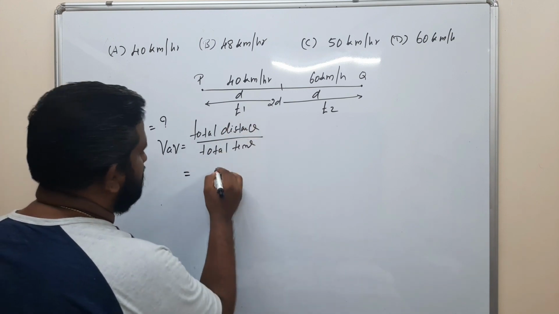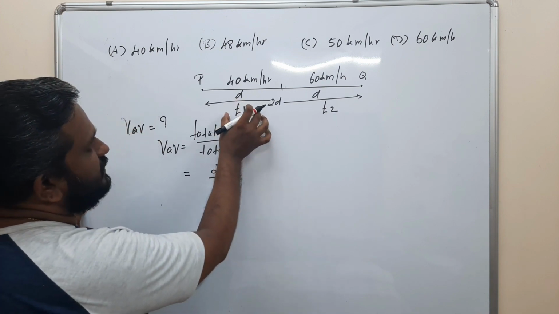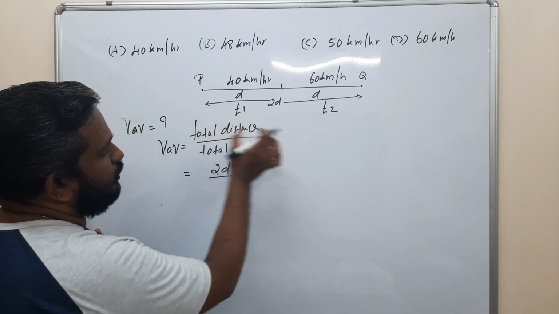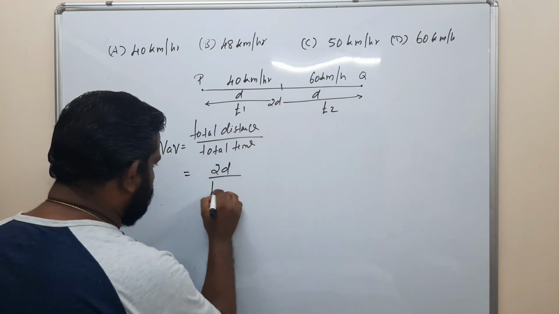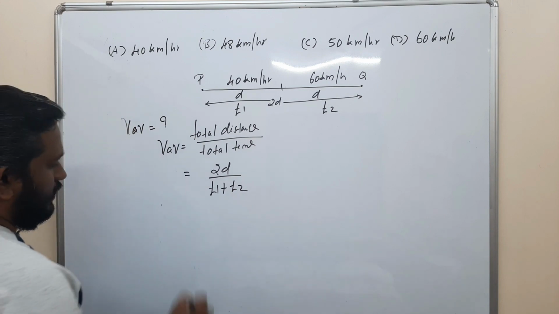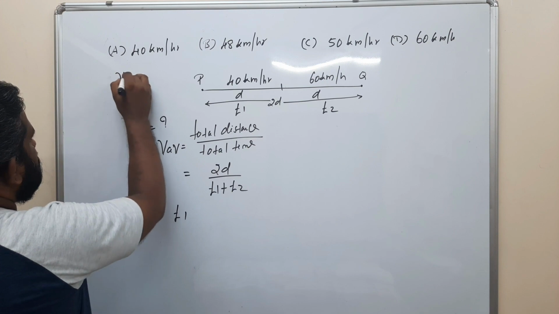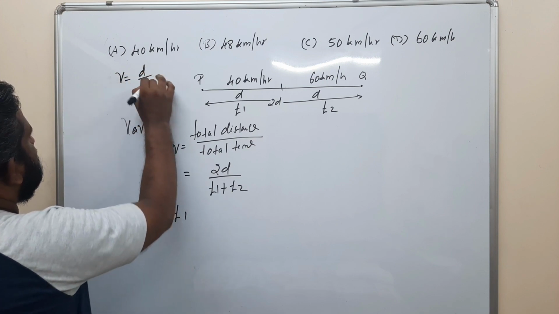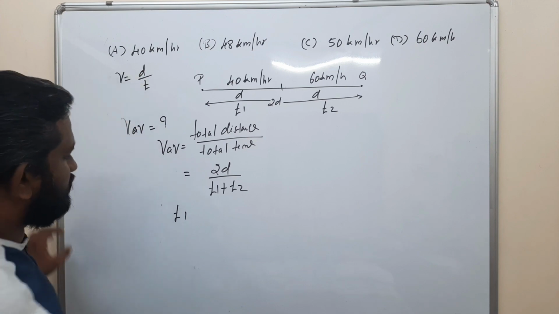What is the total distance traveled? That is 2D. What is the total time? The first half of the distance takes t1 time, and the second half takes t2 time, so t1 plus t2. Speed is equal to distance by time, so time is equal to distance by speed.